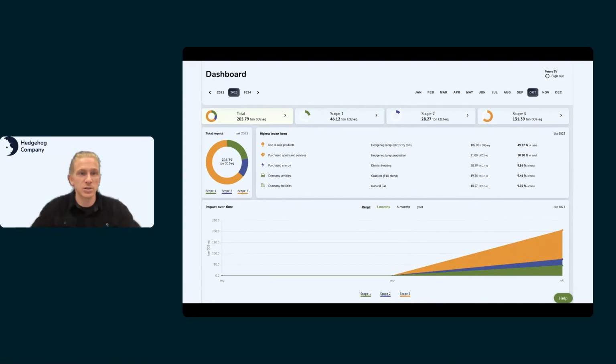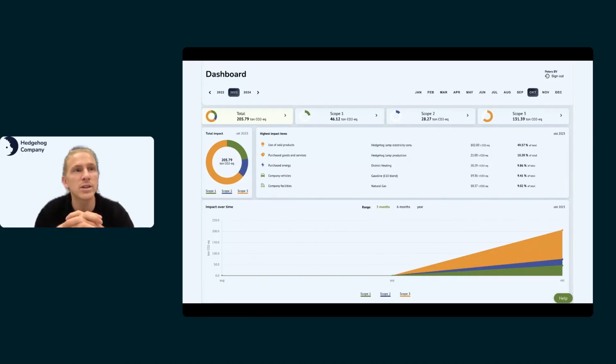Take these insights. So, for example, if we put it in perspective of the menu of our Hedgehog night lamp production facility, we see that 50% of the impact of the carbon footprint is actually in the use of sold products, which was the electricity consumption of our Hedgehog night lights over their lifetime. So, when I look at that, I can think to myself and with my team, 50% of the carbon footprint.